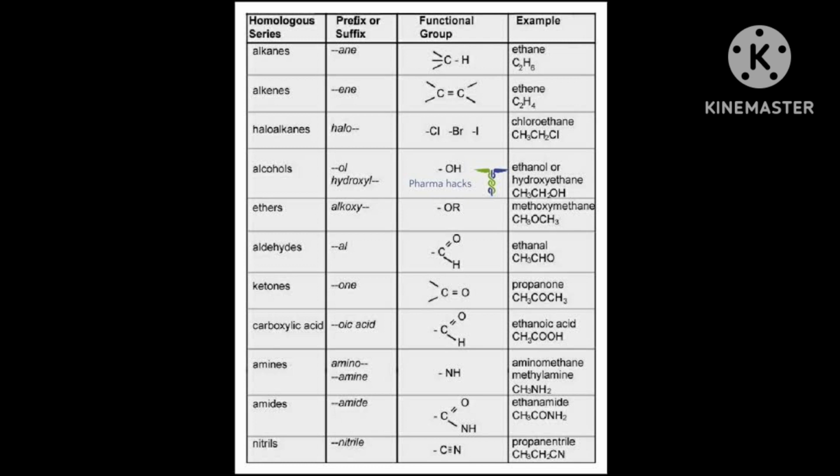Now haloalkanes. Like that way, in alkane, when OL is added, then it will be called alkanol. And if an aldehyde group is attached with alkane, then alkanal, AL at the end, alkanal. And if a ketonic group is attached, CO group is attached, then that is called one.